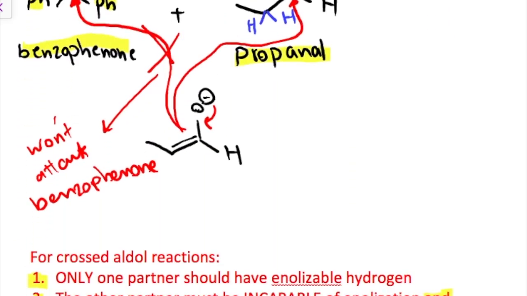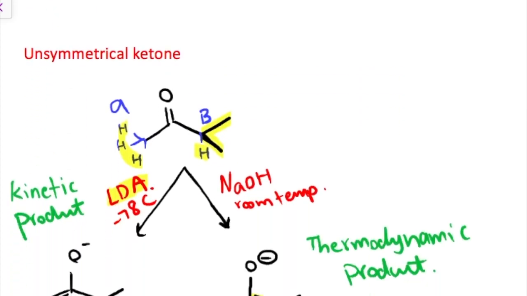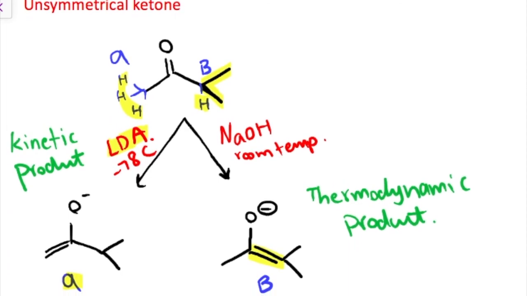For these reactions to be successful, only one partner should have enolizable hydrogen. The other must be incapable of enolization and must be more electrophilic than the first partner. And lastly, for unsymmetrical ketones, it's important to know the reaction conditions to know which enolate is being formed, the thermodynamic or the kinetic enolate.